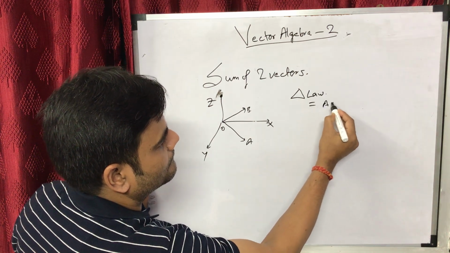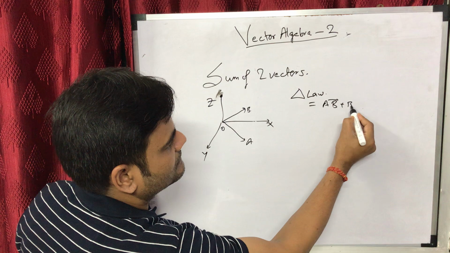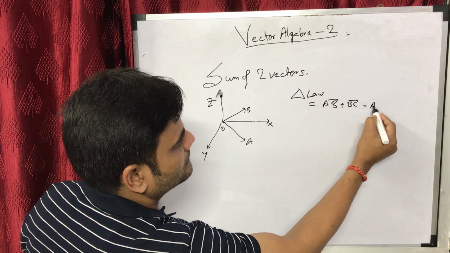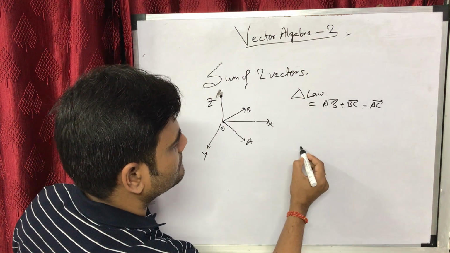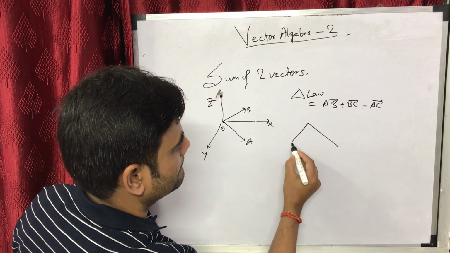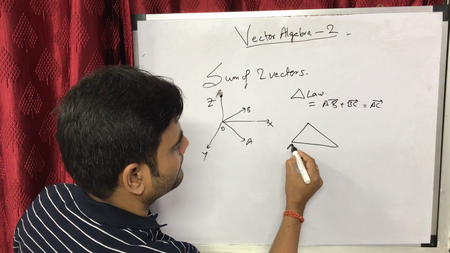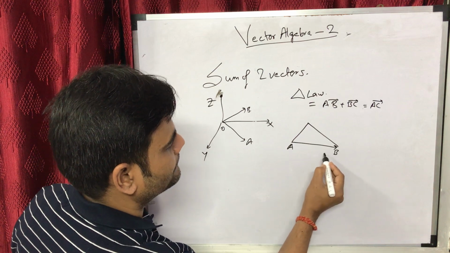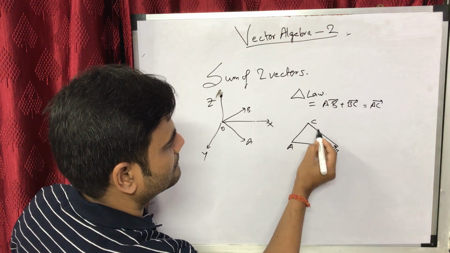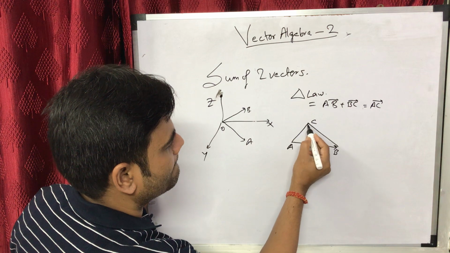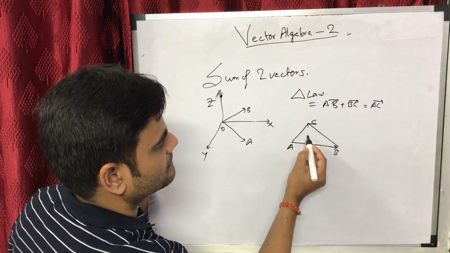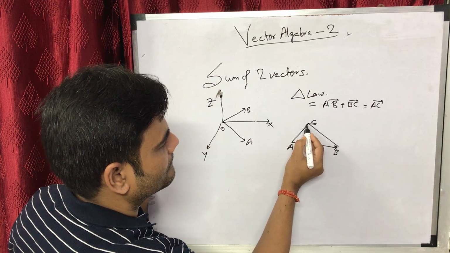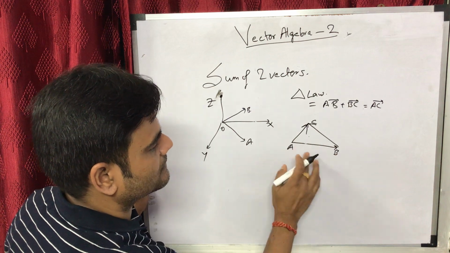That AB plus BC equals AC, which means if there is a triangle ABC, with A here and B here, AB vector is this vector, BC is this vector, so AC will be the sum of these two vectors.